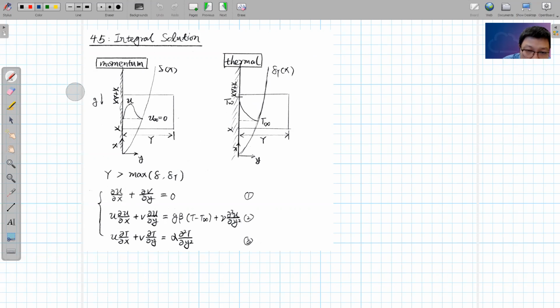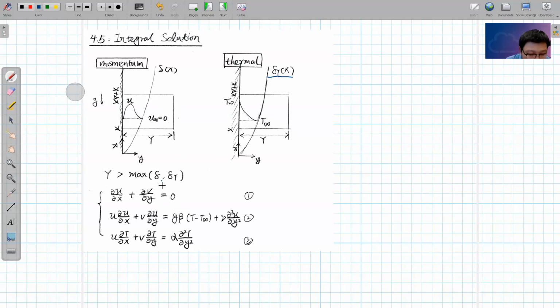We can draw the same integration control volume from y equal to 0 to y equal to y, and from smaller x to x plus delta x. Overall, we want this y value for the integral method to be larger than both delta and delta t. So this y value has to be in the free stream, larger than delta and delta t.